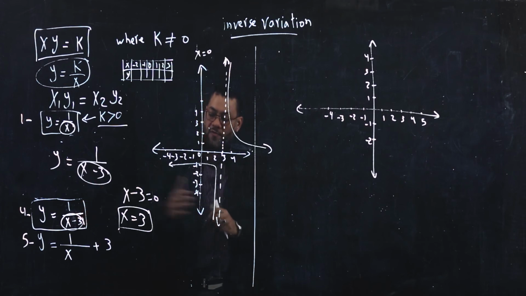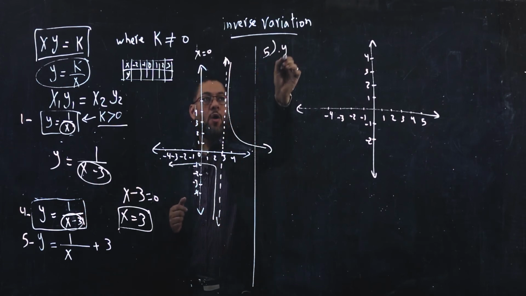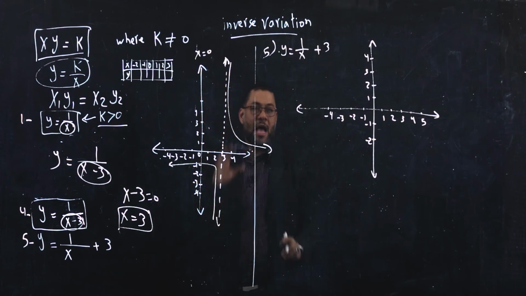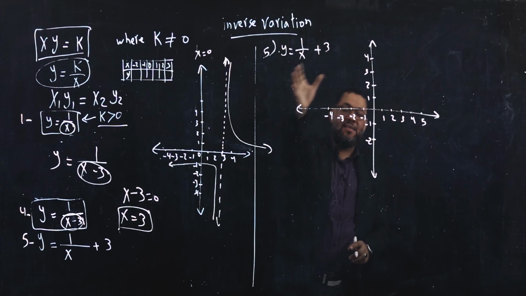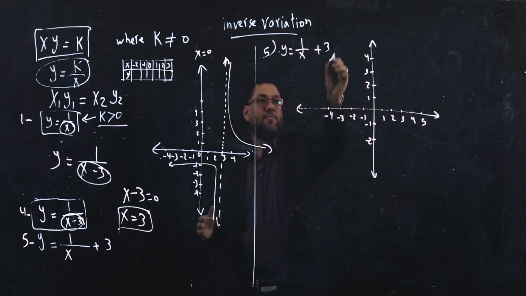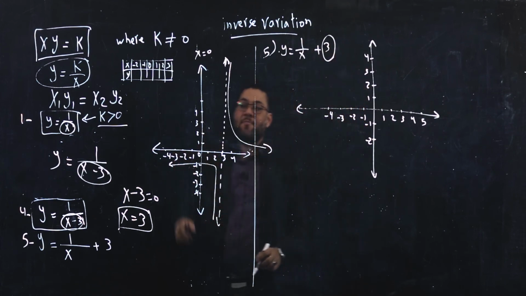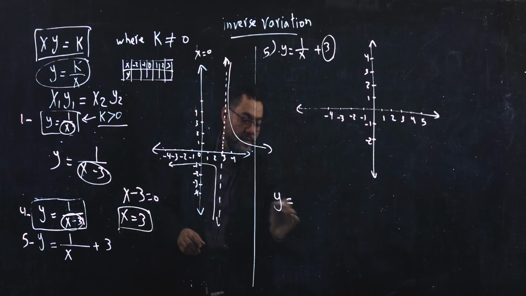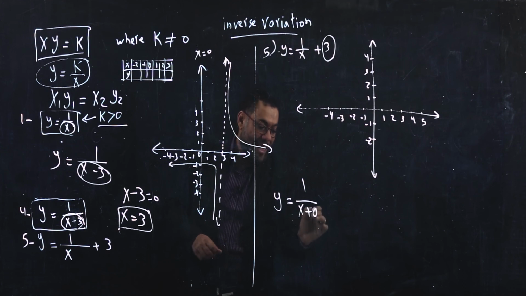Okay, let's go for question 5. Question 5, y equals 1 over x plus 3, where the 3 is outside the fraction. If you look at the main equation, y equals 1 over x, we can write it like this: y equals 1 over x plus a, plus b.